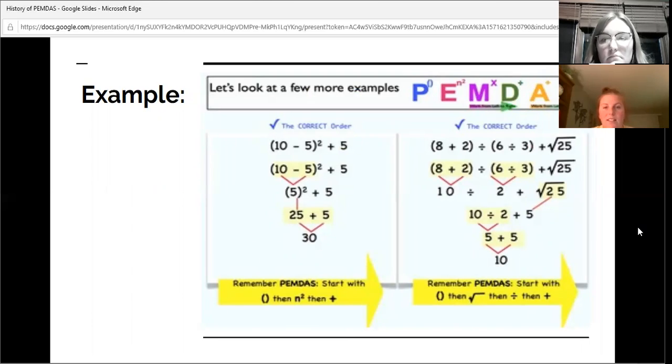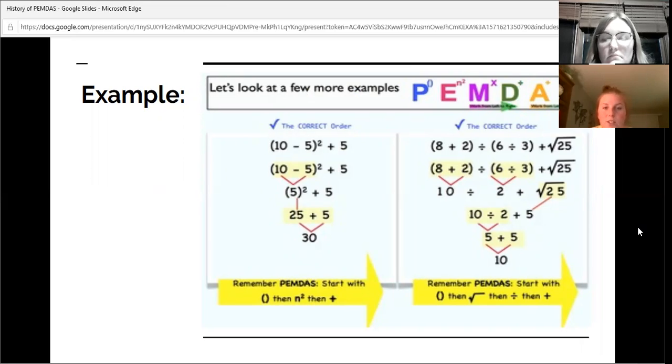And then this example also just shows how the correct order is to do parentheses first, and then you do the exponents. So we'll go with the left one, the 10 minus 5.